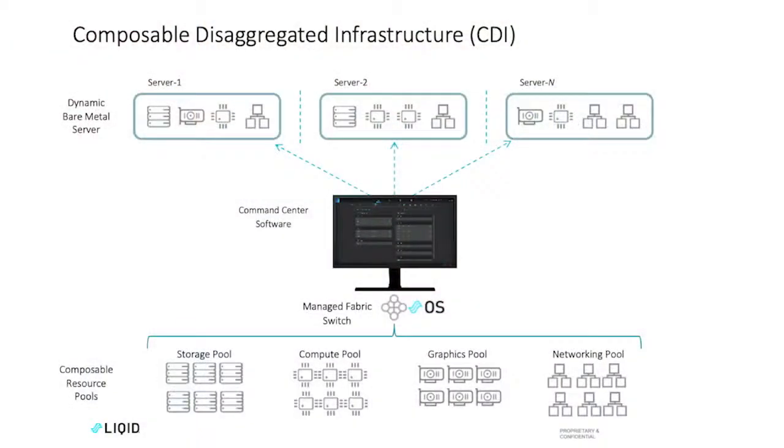As we go forward, the industry is starting to understand that disaggregation and composability is that next generation architecture that enables us to address those next generation workloads. It's not just Liqid and Gartner that are talking about this. Even the CEO of NVIDIA, Jensen, is speaking of how the next generation data center is going to become disaggregated and composable. So I think it's important to first understand how we define CDI, or composable disaggregated infrastructure.